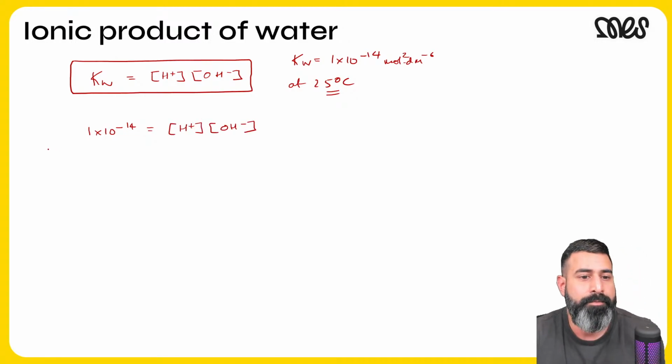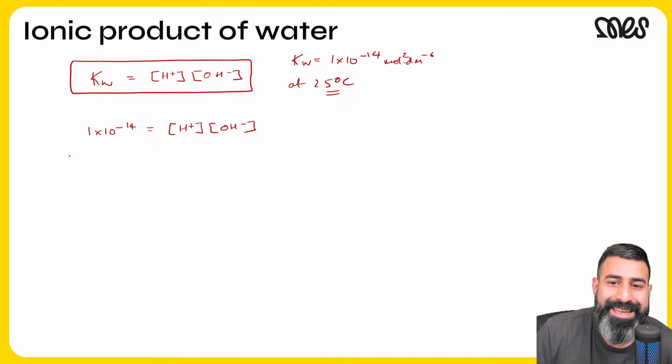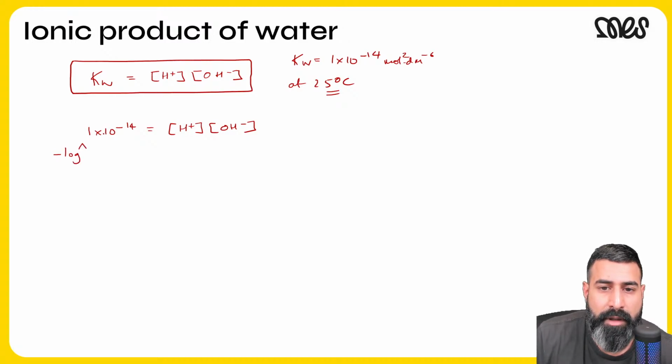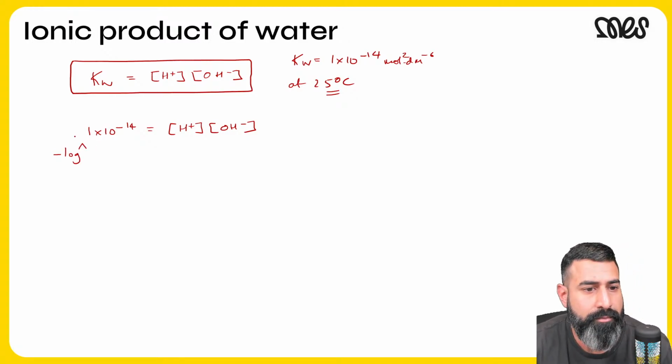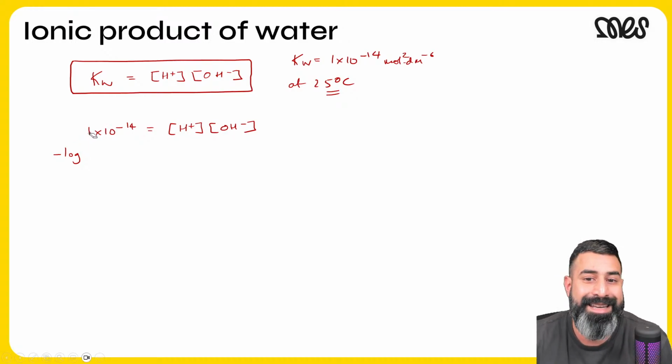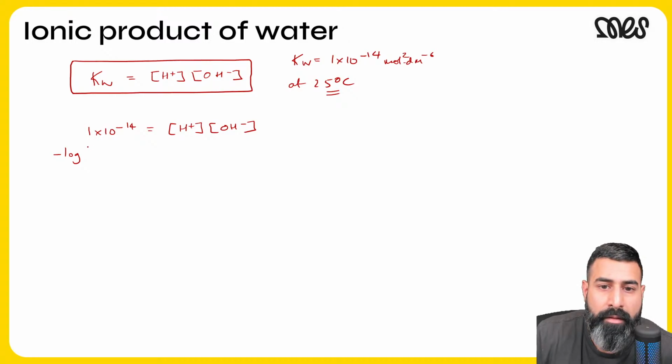Okay. And what we're going to do is we're going to take negative logs of both sides, okay? So, if we take the negative log of 1 times 10 to the minus 14, on your calculators, what do you get? So you should find out that if you take the negative log of 1 times 10 to the minus 14, you get 14.